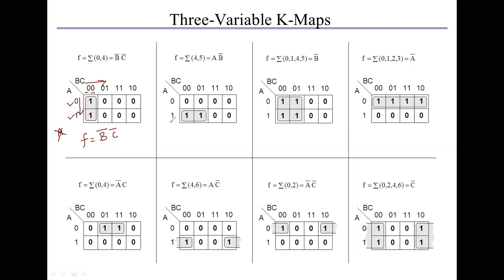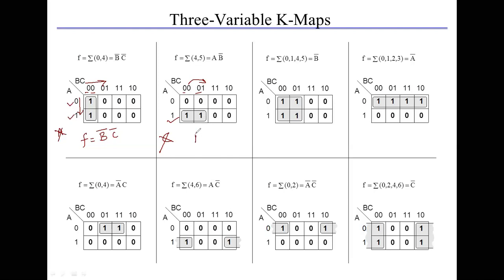Here A is the same for this column and this column, that is 1. B is the same for this column and this column, that is B bar. But C is changing from 0 to 1. Therefore, C will get eliminated from the three variables, and the equation will contain only A and B. Since B is 0, we'll write it as B bar.